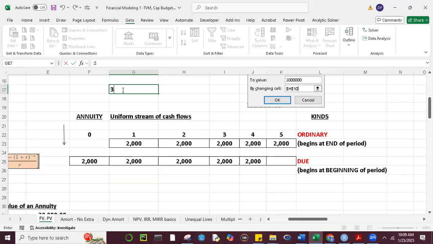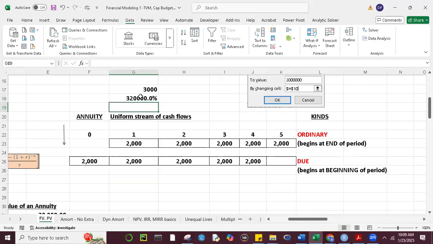We can get the present value of this, class, but let's just assume that it's 3,000. And we said a while ago that this will have a higher present value, right? Let's say the present value is 3.2.